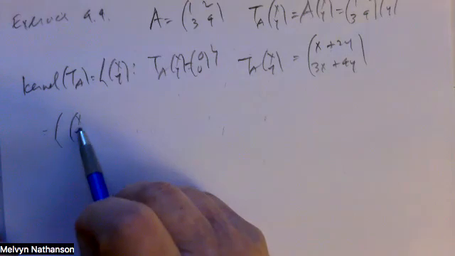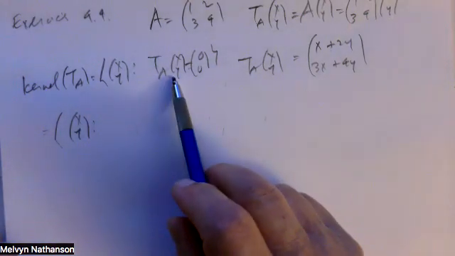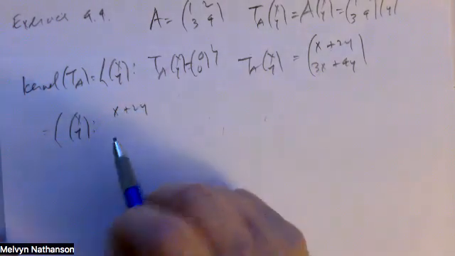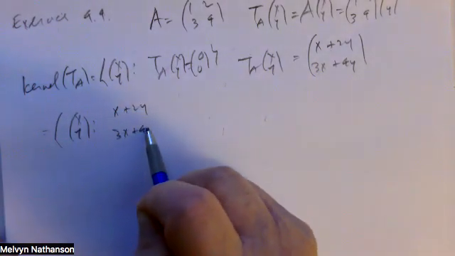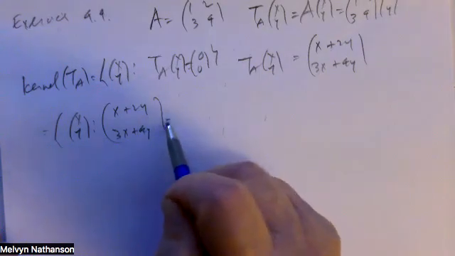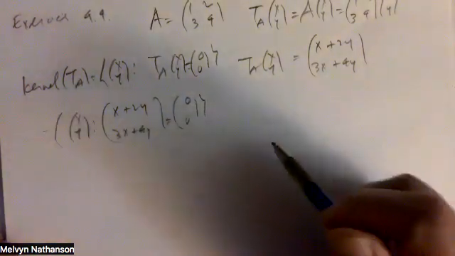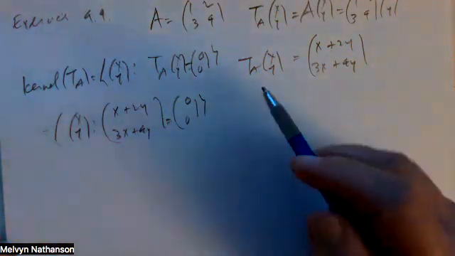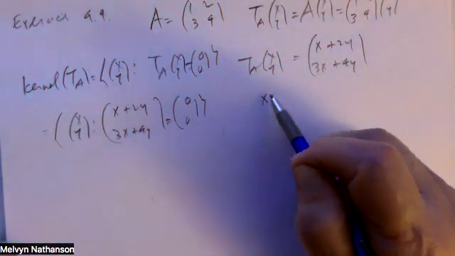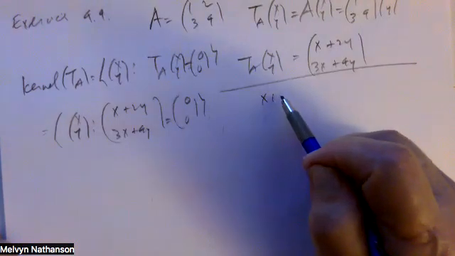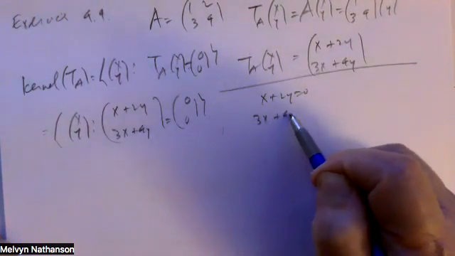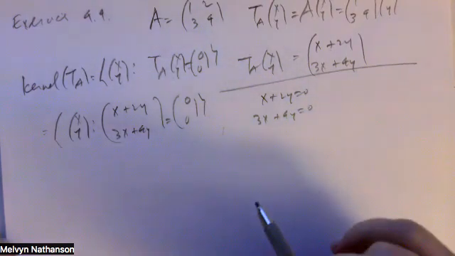That's all vectors x, y such that T_A of (x, y), which is (x plus 2y, 3x plus 4y), equals (0, 0). So this means you have to solve the equations x plus 2y equals 0, 3x plus 4y equals 0.